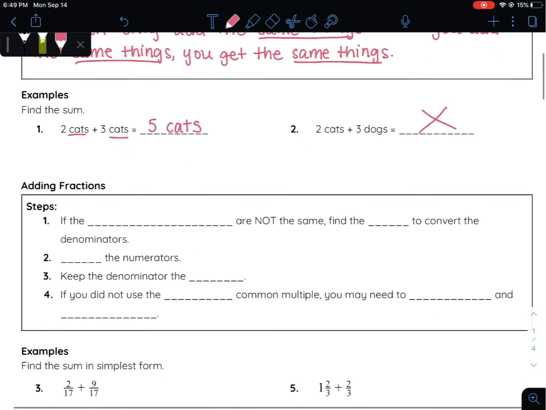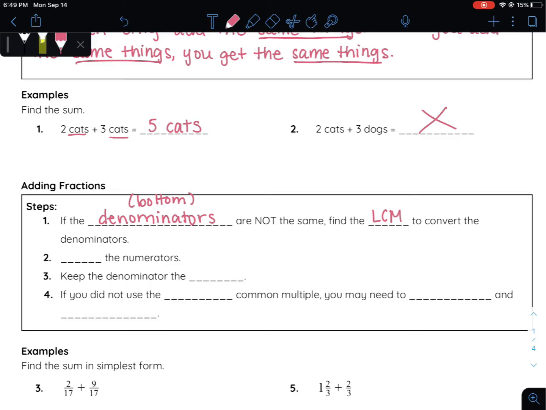All right? So this actually works exactly the same way for adding and subtracting fractions. So if the denominators are not the same, remember that means the bottom number, you want to find the LCM to convert the denominators, meaning make equivalent fractions, okay?